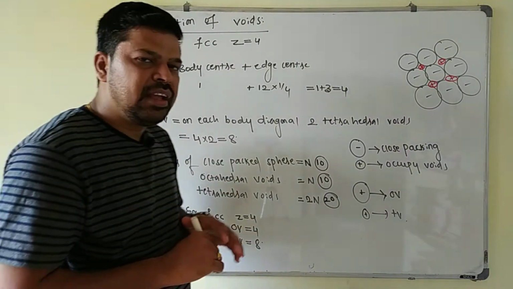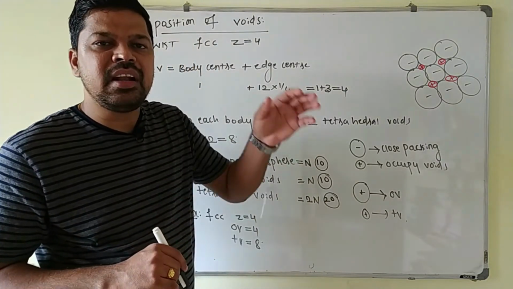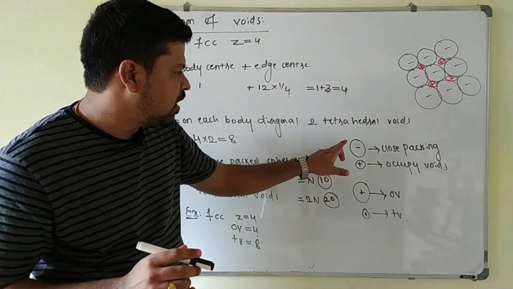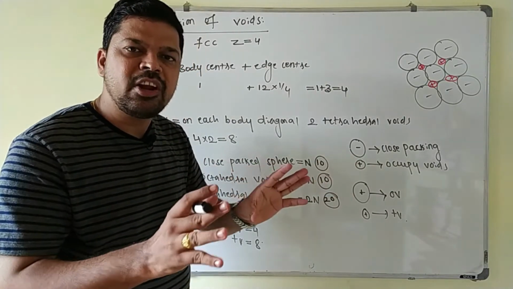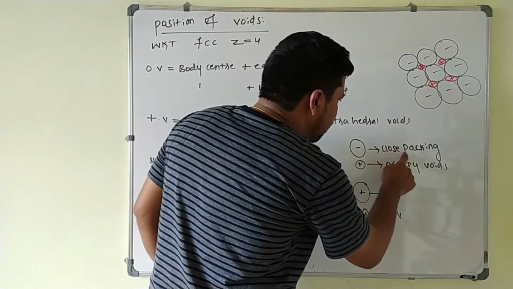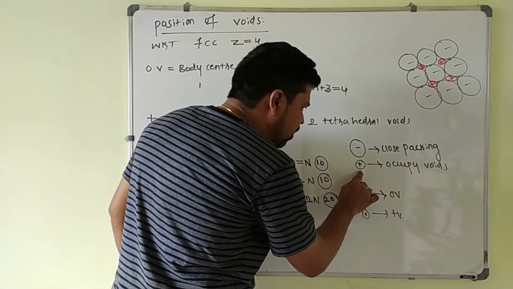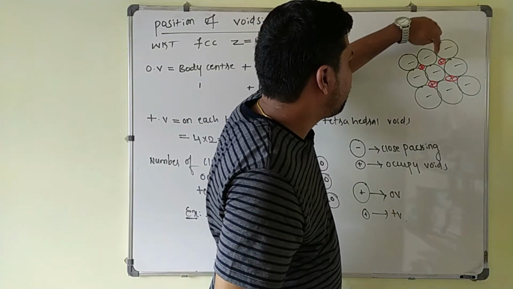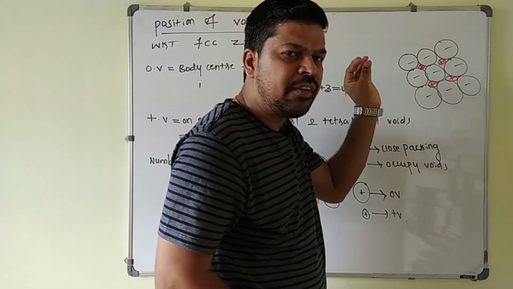Next point is, in ionic solids, cations and anions are involved in the close packing. Since they have a large difference in their size, both cannot be involved in the close packing. That's why the larger anions are involved in the close packing, and the cations occupy the voids, the space left between them.